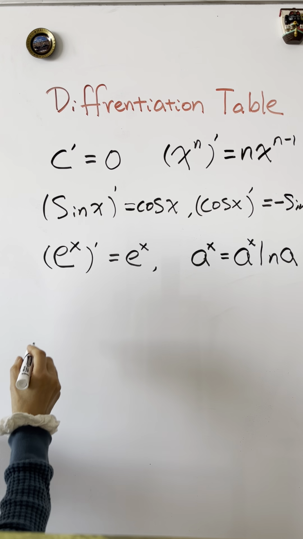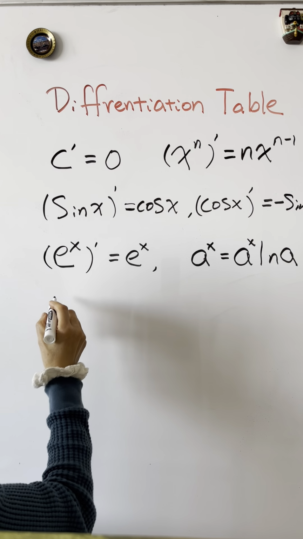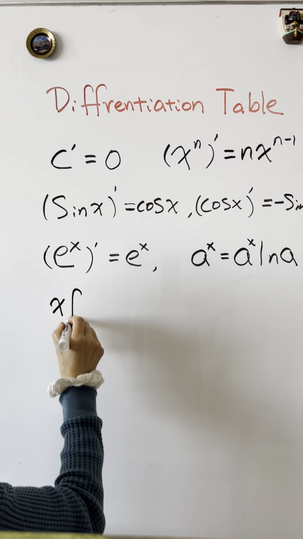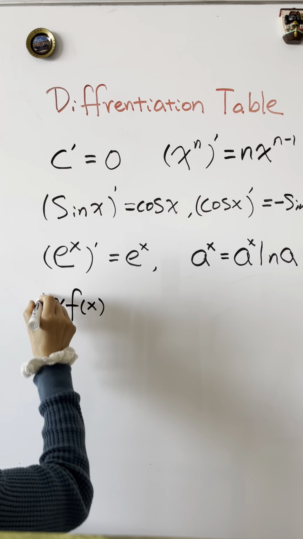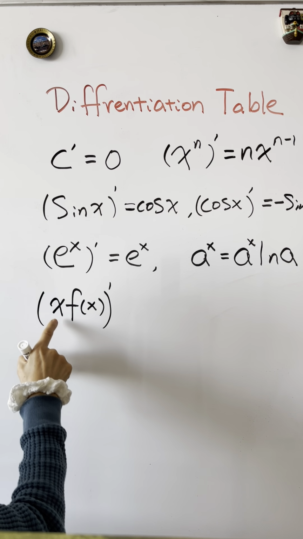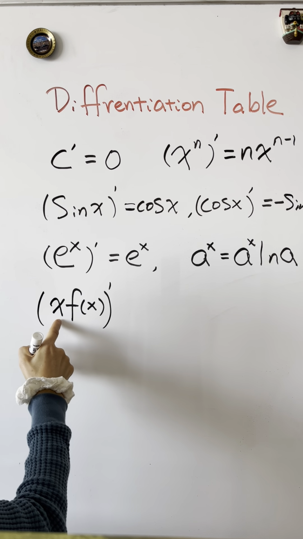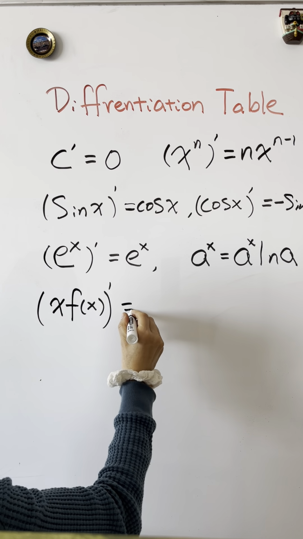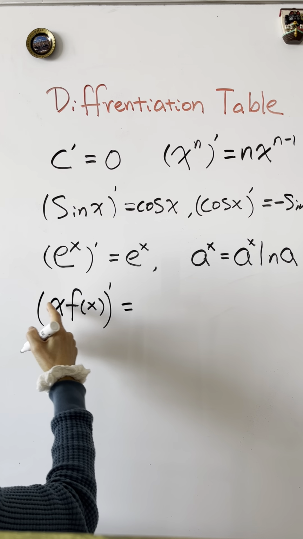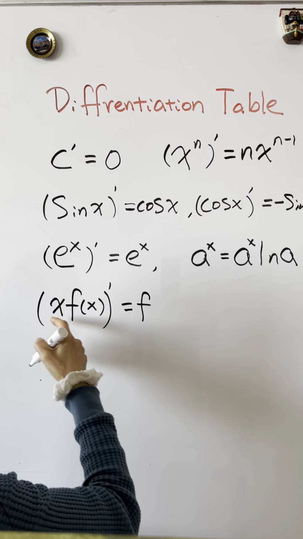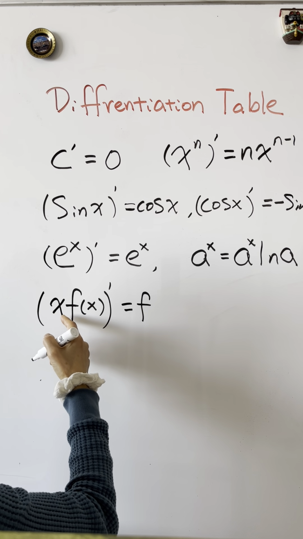Then we have x multiplied by a function f of x. So it's a product, right? Its derivative is the derivative of the first one, which is just 1. The derivative of x is 1.